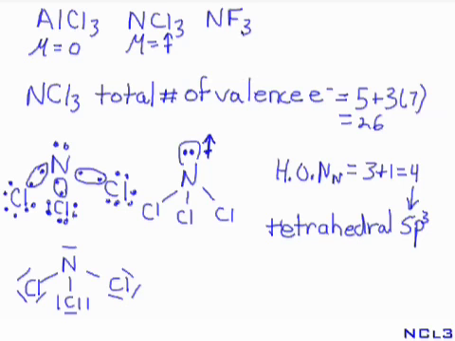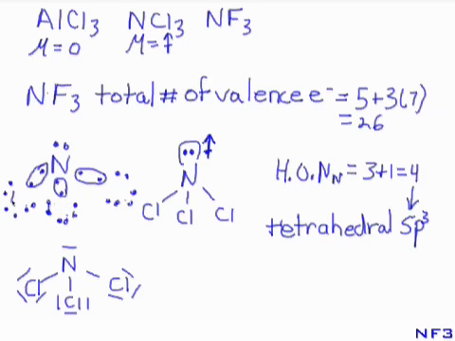Well, here's a question. Now, I could very easily change this question to NF3 because fluorine has the same number of valence electrons as chlorine, 7. So the total number of valence electrons for NF3 is the same. And if I go through this whole process, I can replace the chlorines here in my drawings with fluorines.